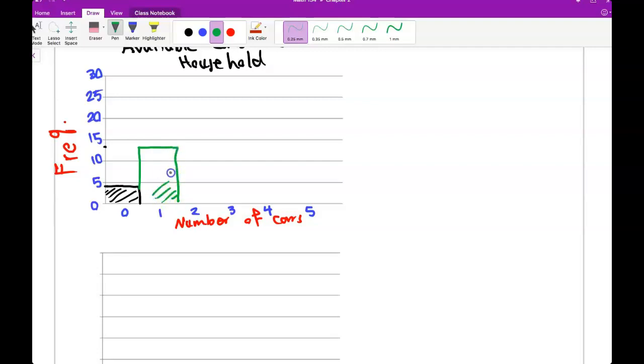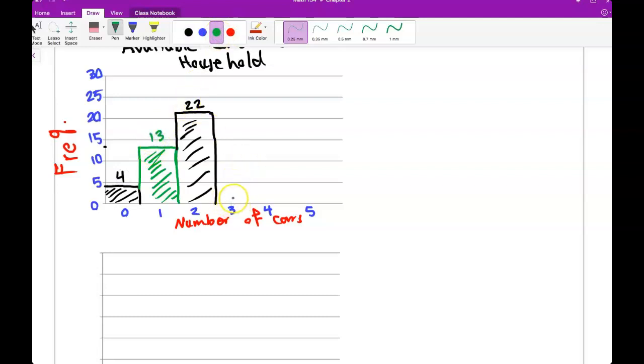So these are rectangles. And for 2 cars, we have 22. Okay, I'm writing what we had here, what the frequency was. That was 22. Here it is 4, and this one is 13.